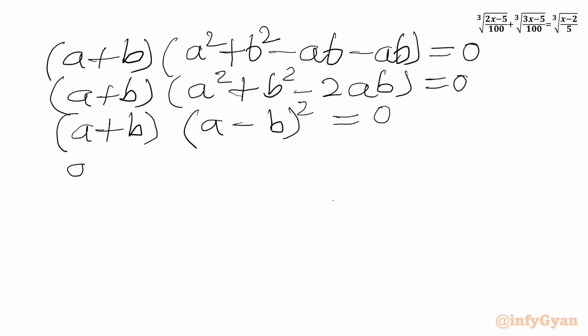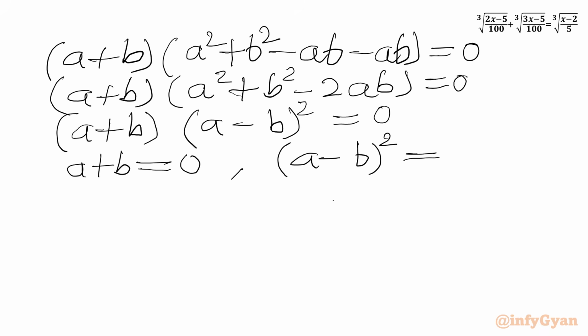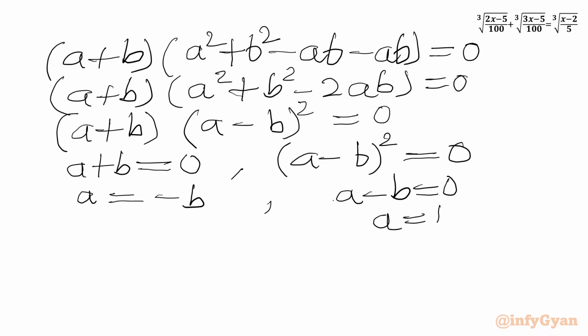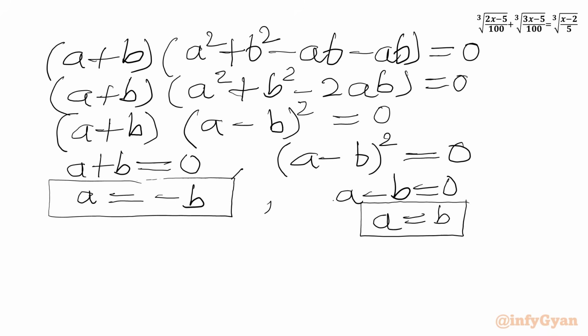Using product 0 rule, we'll write either a plus b equal to 0 or a minus b whole square will be equal to 0. So from our first equation, we will get a equal to minus b. And from second equation, we will get a minus b equal to 0 or a equal to b. So we have two important results from our equation, a equal to minus b and a equal to b.